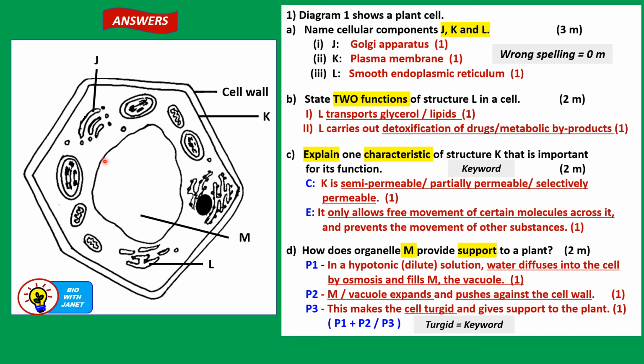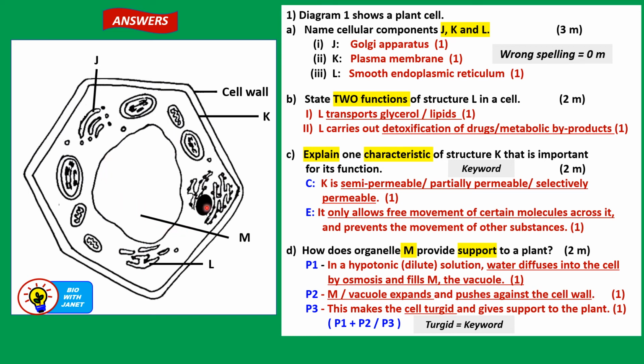So what pressure is created? A force called turgor pressure is created. Now I didn't write this in because I've mentioned the word cell becomes turgid. But you can write in, when the vacuole pushes against the cell wall on all sides, it will create the turgor pressure that makes the cell turgid, that means firm and hard.